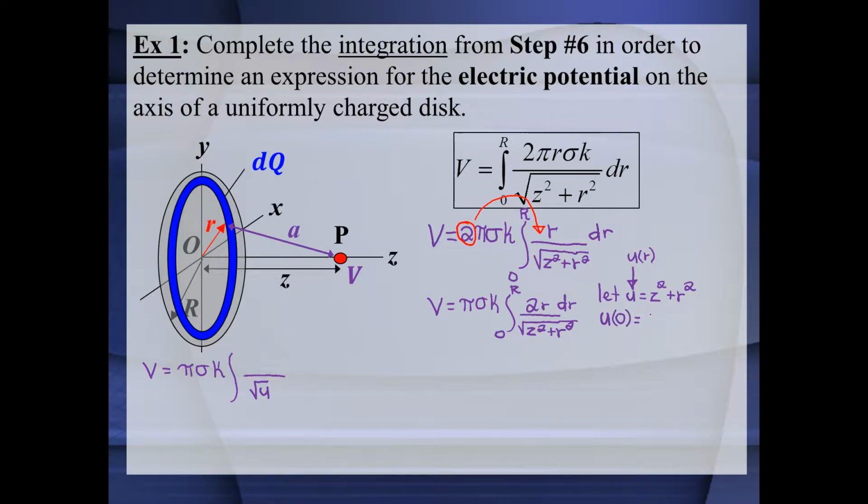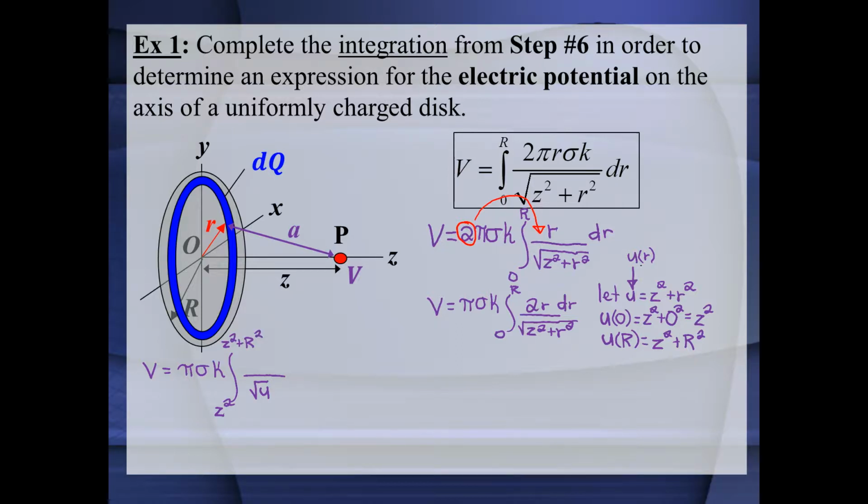Okay, u at 0 would be z squared plus 0 squared. So that would just be equal to z squared. So that's my lower limit of integration, z squared. To get the upper limit of integration, we take this expression for u, and we're going to evaluate it at capital R. So at capital R, this would then be z squared plus r squared. So that's going to be my upper limit of integration, z squared plus capital R squared.